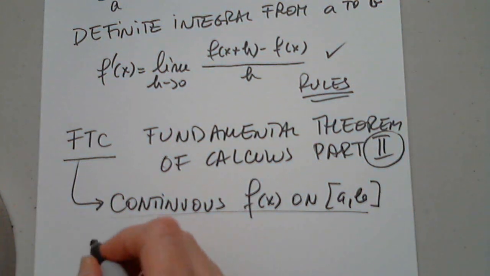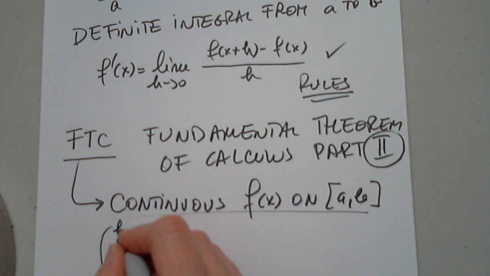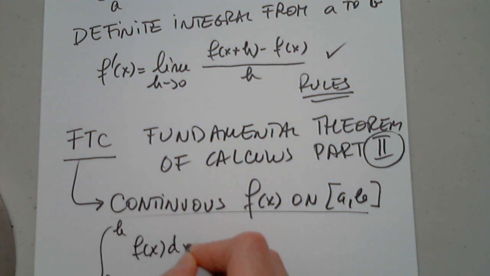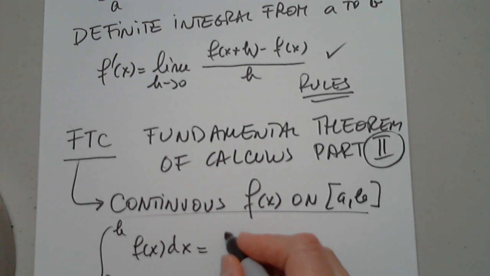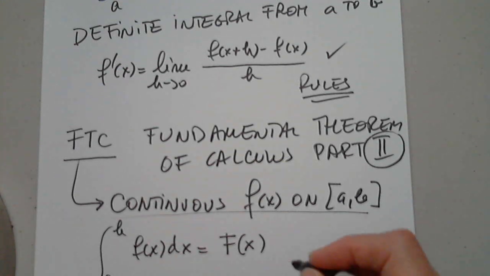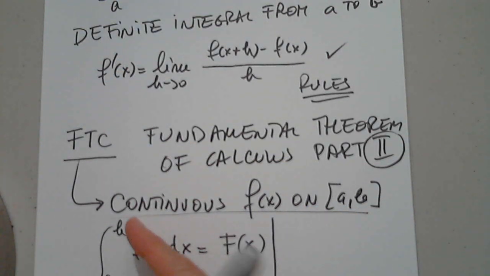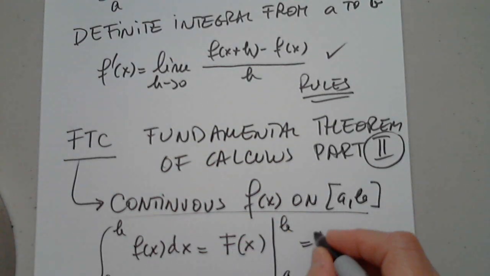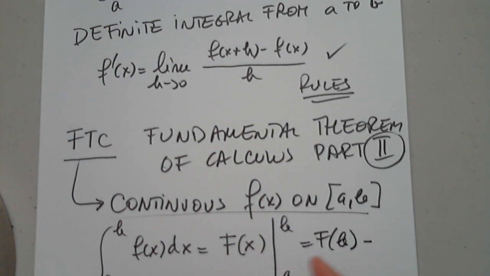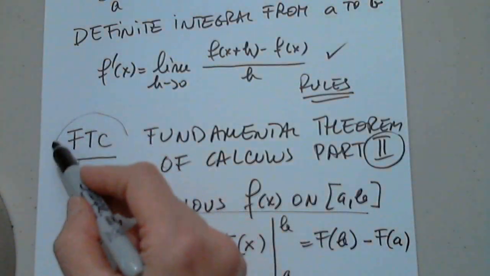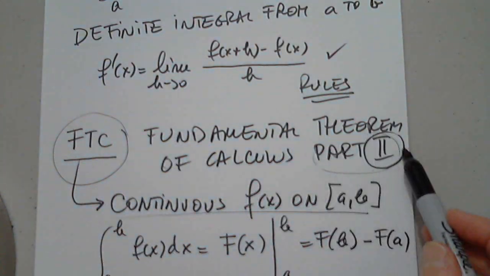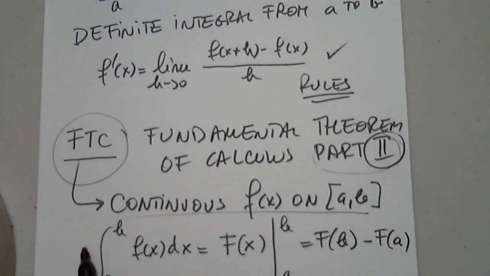Here's how we do it. The integral from a to b of f of x dx is the most general antiderivative of this function, evaluated from a to b. But how? Plug in b, minus subtract when I plug in a. This is fundamental theorem of calculus part 2 that shows us how to evaluate a definite integral.